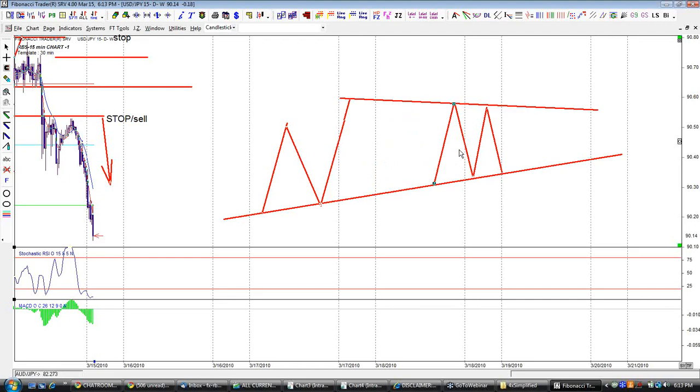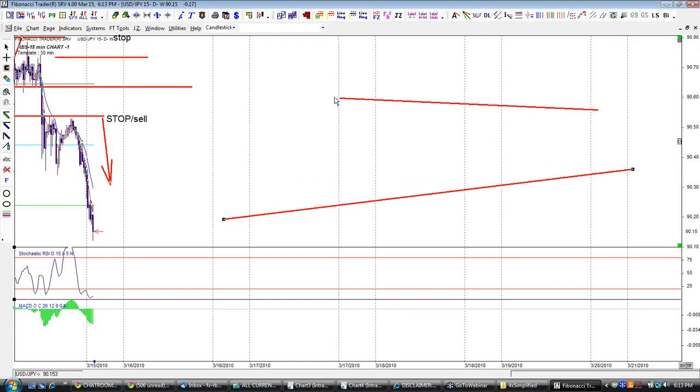And I will delete those lines. We'll leave only those two horizontal lines. Not horizontal, but now we'll see the price move up. It will bounce.